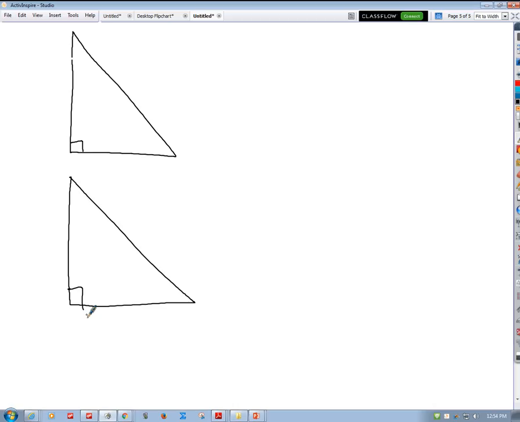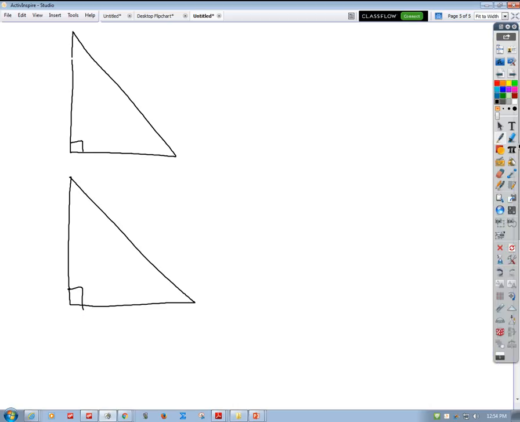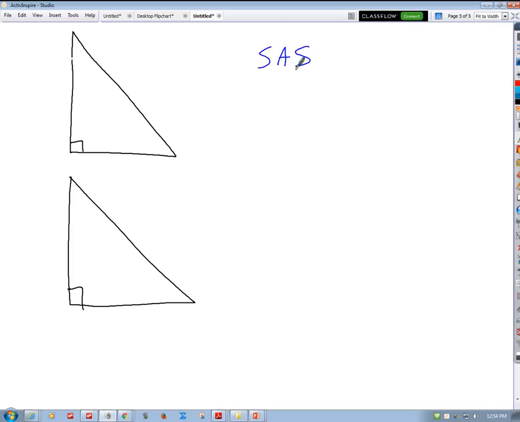For example, if I look at side angle side, what if I said that this side is congruent to that side and that side is congruent to that side? We could show that those triangles are congruent by side angle side, couldn't we? Yeah. Right, because right angles are always congruent.